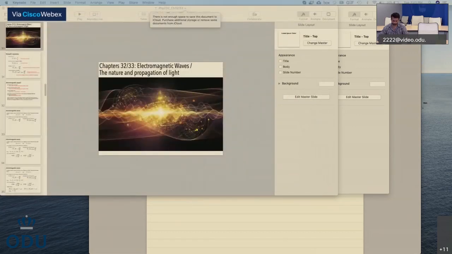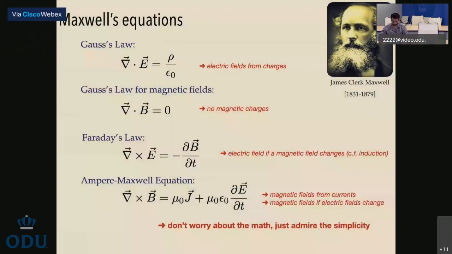I think these are the ones that I want. Oh no. 29 maybe. Good. Okay.